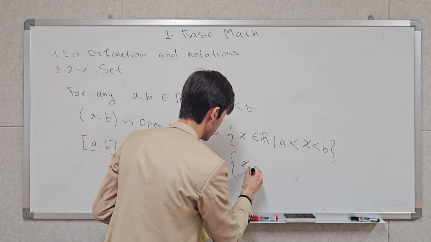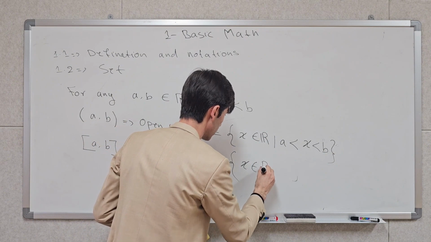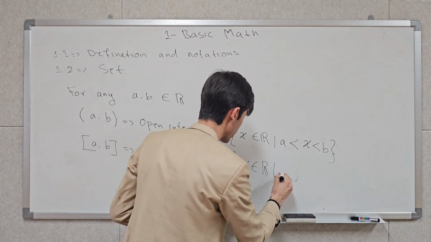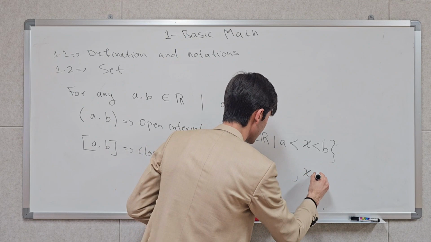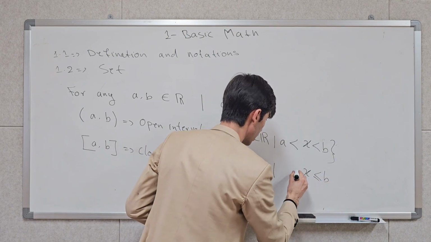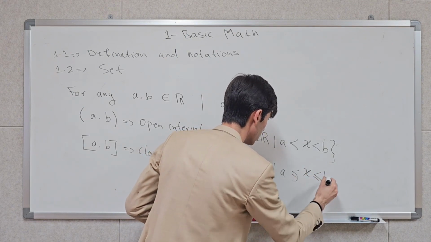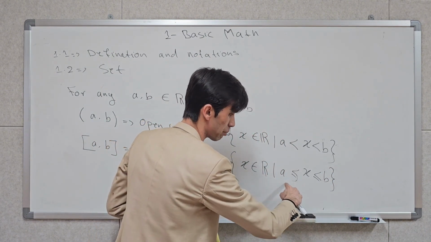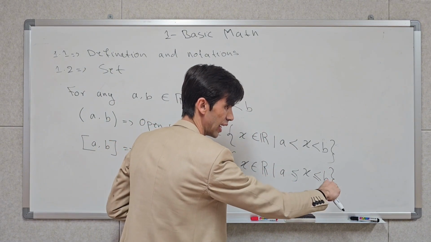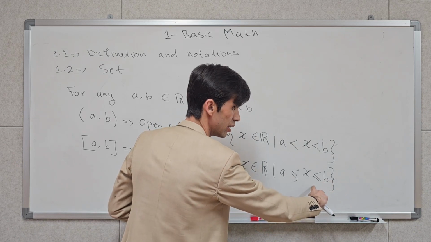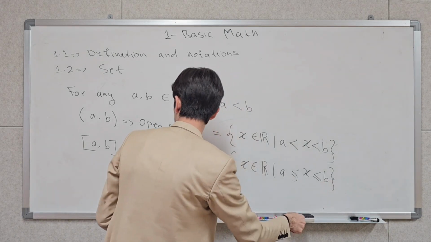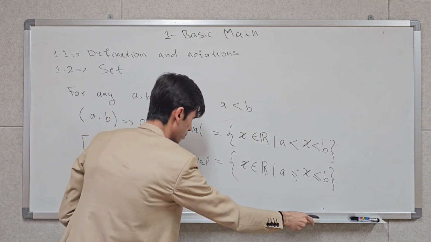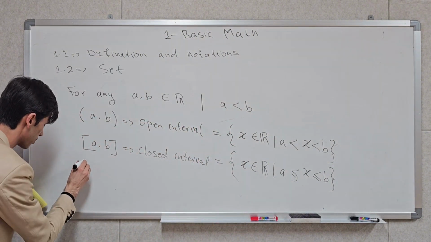That means X is a real number such that X is less than or equal to B and greater than or equal to A. That means it includes all the values between A and B and includes A and B themselves as well. So it's a closed interval. And also we have this one.